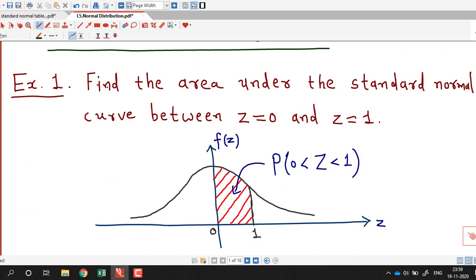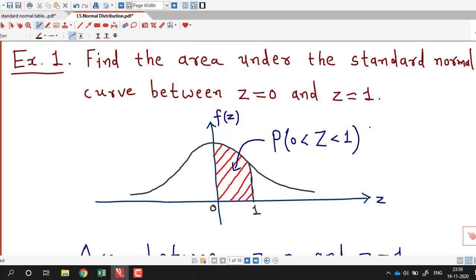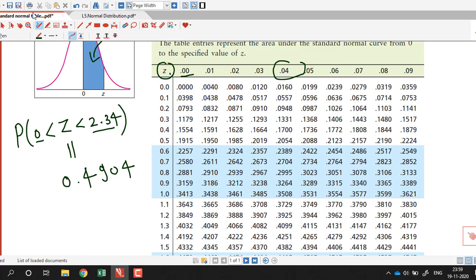The first example is: find the area under the standard normal curve between z equal to 0 and z equal to 1. You can see I have sketched the required area. This required area is nothing but the probability that z lies between 0 and 1. So it is in standard form. It is the area between z equal to 0 and z equal to 1. So we have to concentrate on z equal to 1 in the table.